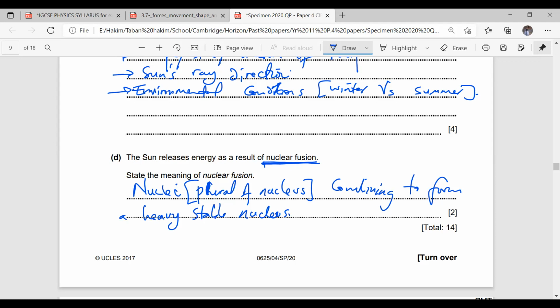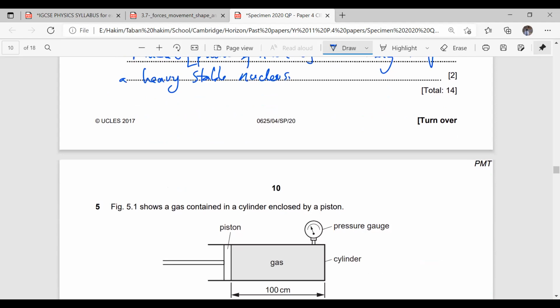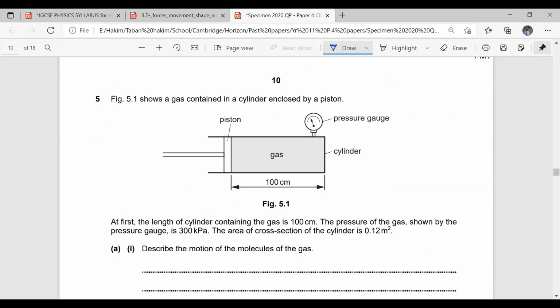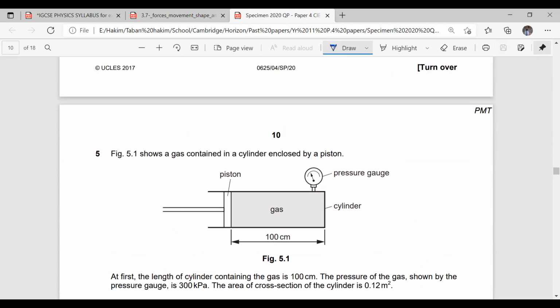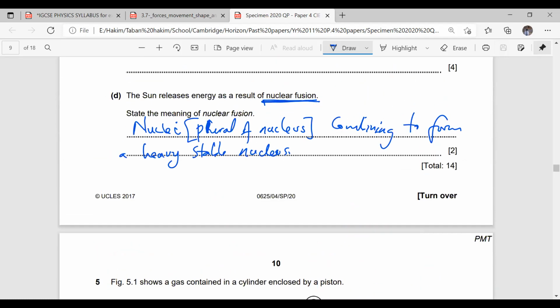In other words, this is about radioactivity. We shall be meeting this later on. It is under block 5, when we're ending our block 5. Then, in other words, I can simply talk about it more.